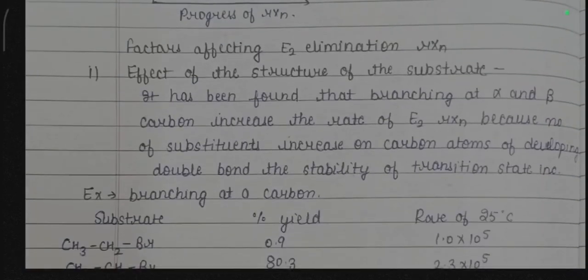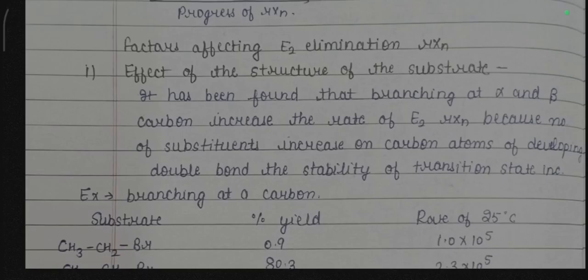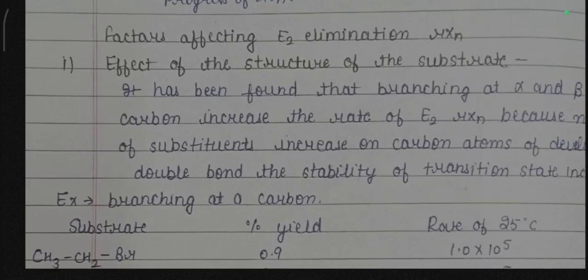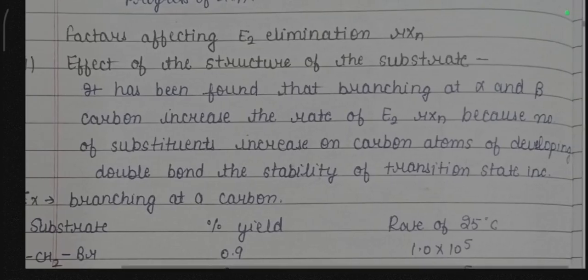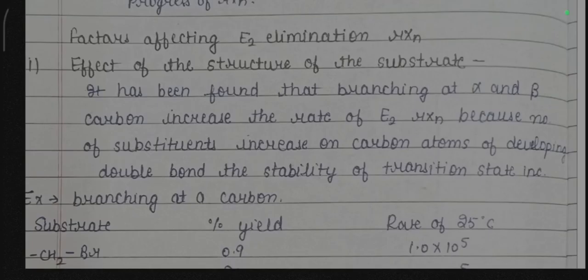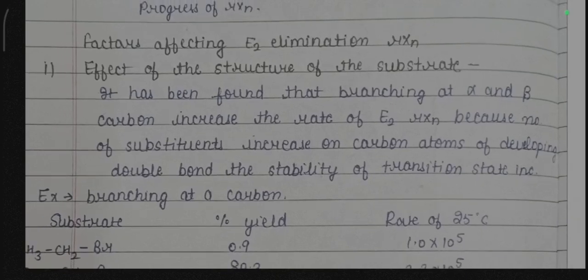Factors affecting E2 elimination reaction: effect of the structure of the substrate. It has been found that branching at alpha and beta carbon increases the rate of E2 reaction because the number of substituents increases on carbon atoms of the developing double bond, and the stability of the transition state increases.